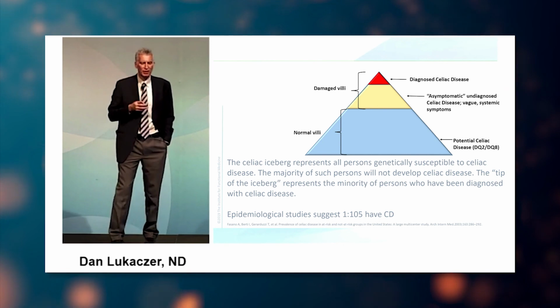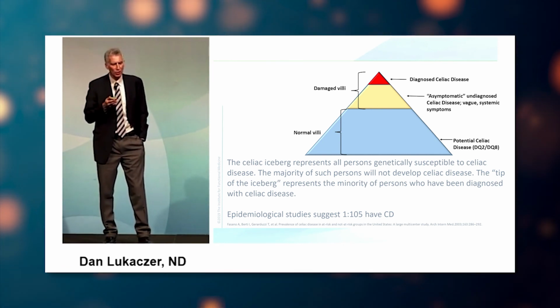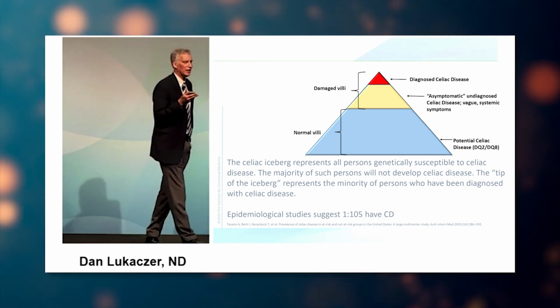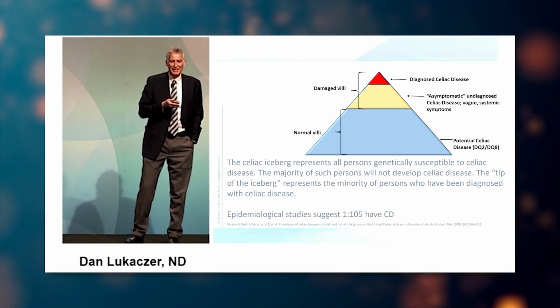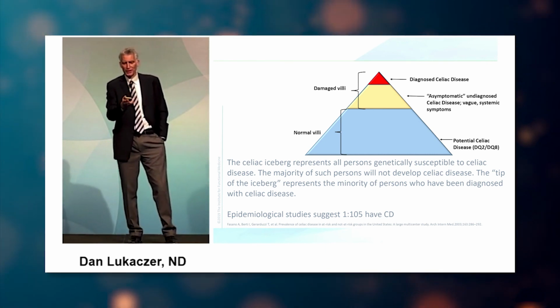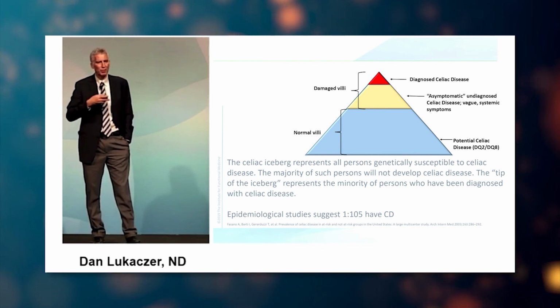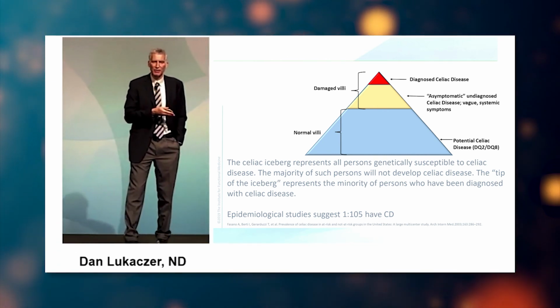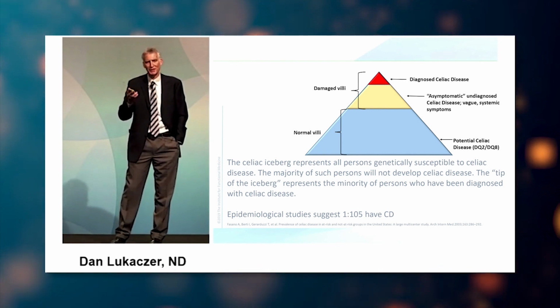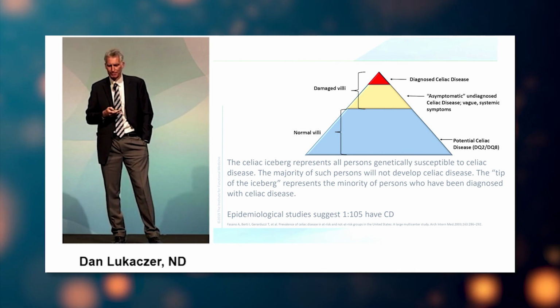But we have to have a fairly high index of suspicion, given the fact that we know a lot of people are undiagnosed and they're walking around with problematic villus atrophy. And so potential celiac disease is DQ2, DQ8 positive, 30% of the population. They have normal villi, they haven't developed celiac disease, they have potential, but most of them will likely never develop celiac disease.